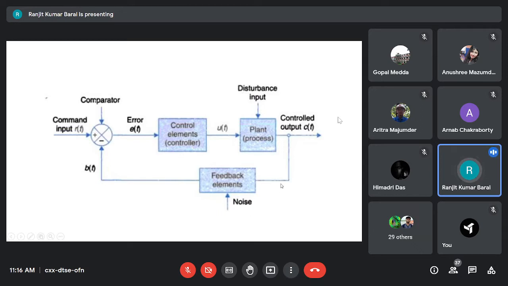Then you have to calibrate it finally. Until and unless you calibrate a device, you cannot make a measurement with it. So after all such operations, after the addition of all such circuits and operations, you can use a simple thermistor, which is a basic transducer, for measurement.